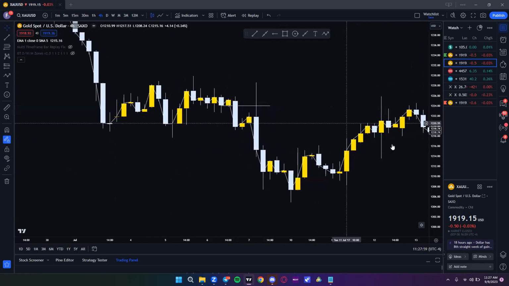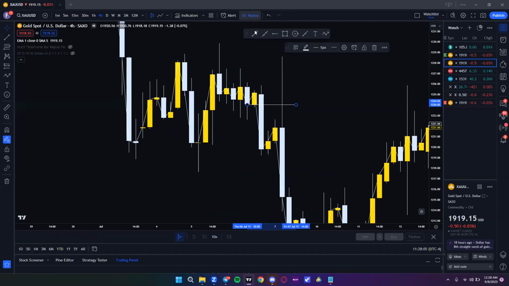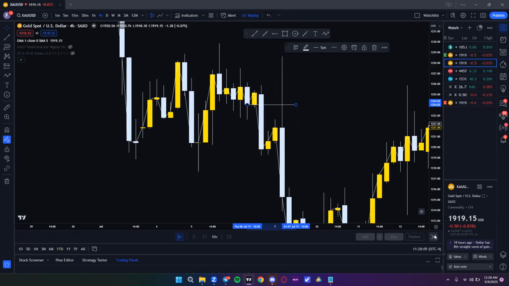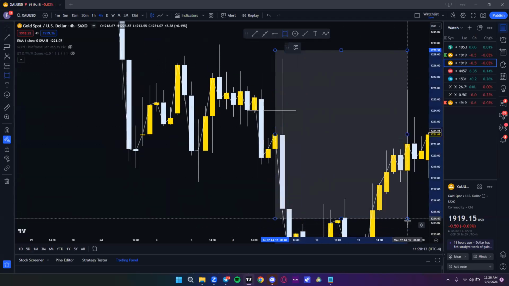Well, before we look at the rejection, we have to look at what this decision level did, right? So actually, I don't cut price. Let's just block out this stuff right here.